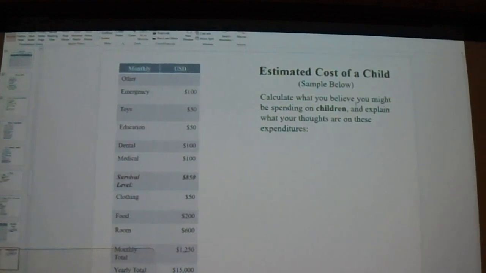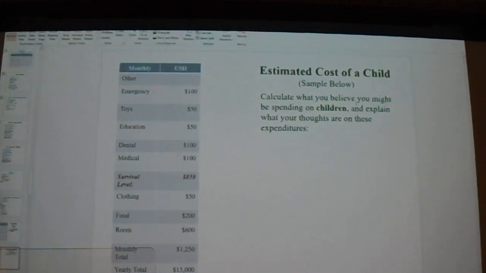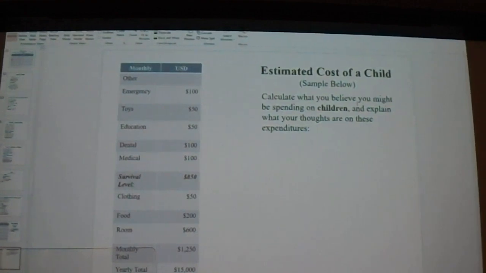None. 0. Okay, I understand that because of course children cost money, and when I was a young person, we were having a population crisis, which we still are, and they were telling us to focus on 0 population growth to try to eliminate poverty, which is what China did.